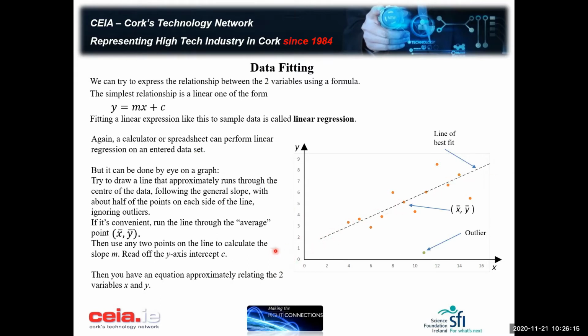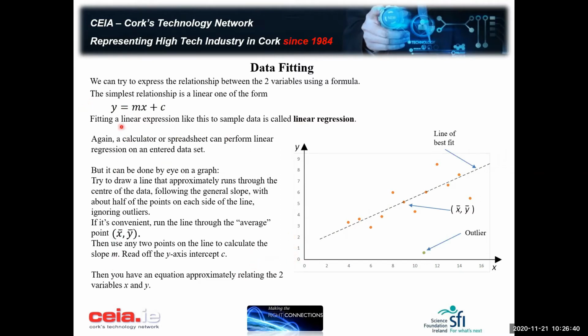So you try to fit a straight line through the data. And once you do that, you would be able to extract the slope and intercept of that straight line. And you can formulate a relationship in the form y equals mx plus c relating to data. And that process, as I said, is called linear regression.